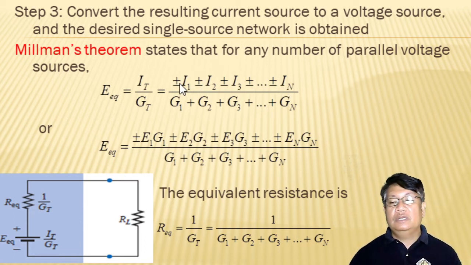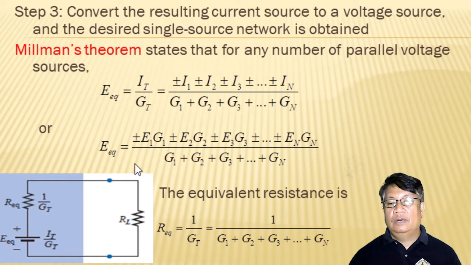Why is it plus minus? Because it depends on how our source is being connected, either additive or subtractive. We divide by G sub 1, G sub 2, G sub 3 up to G sub n. That is your total G sub t.